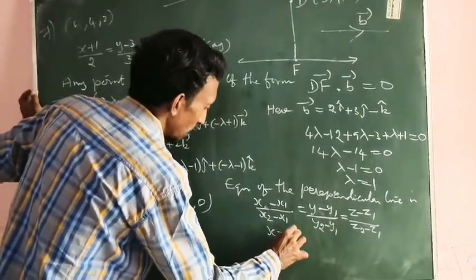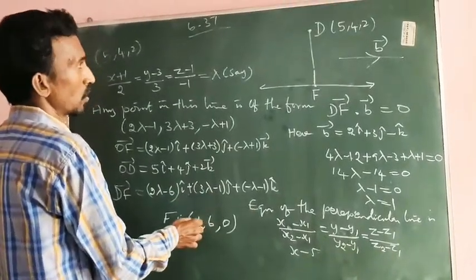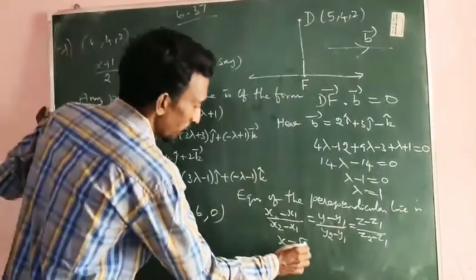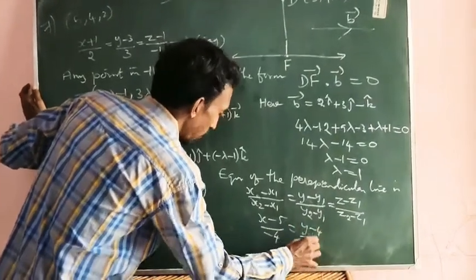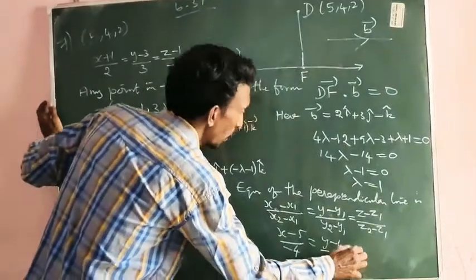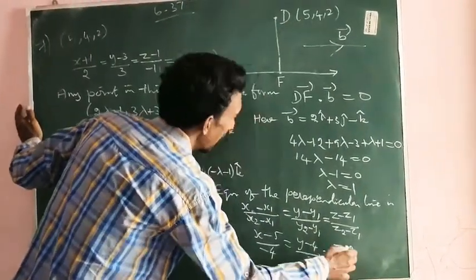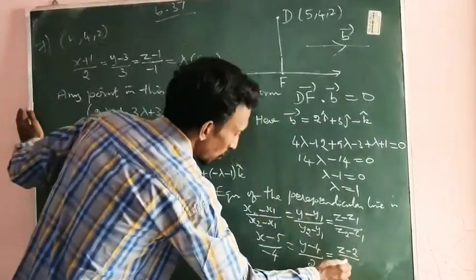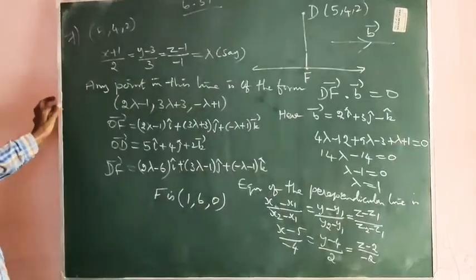So (x minus 5)/(1 minus 5), which is minus 4, equal to (y minus 4)/(6 minus 4), which is 2, equal to (z minus 2)/(0 minus 2), which is minus 2. This is the required perpendicular line.